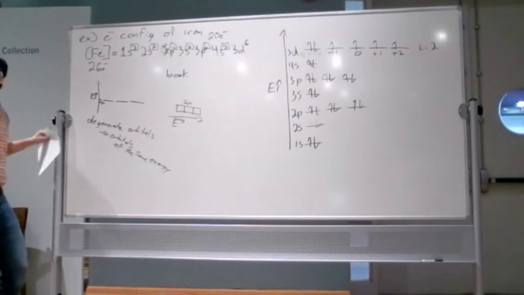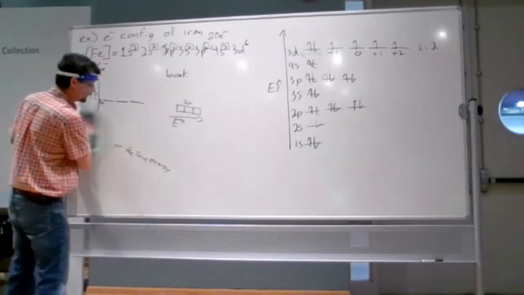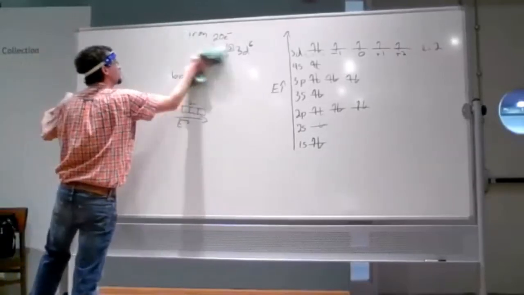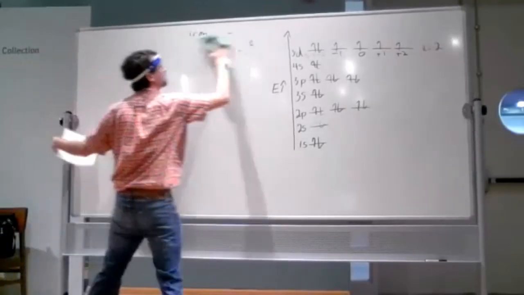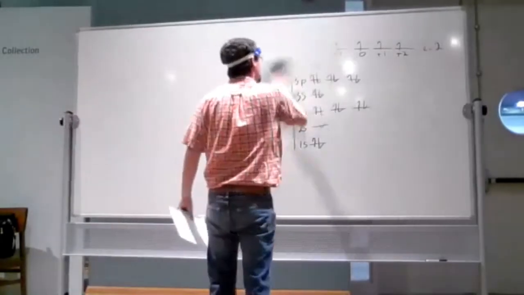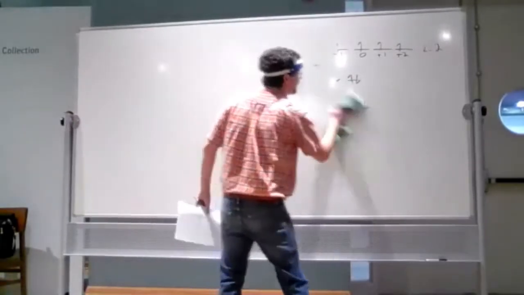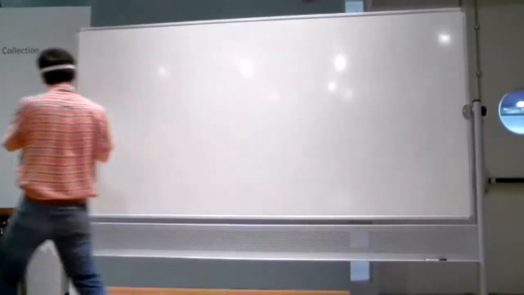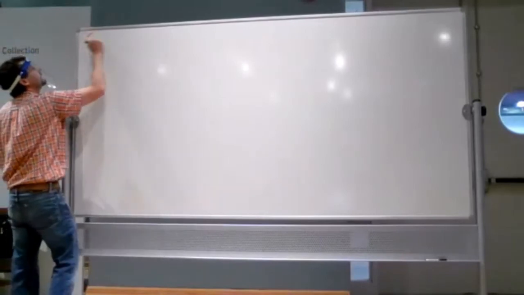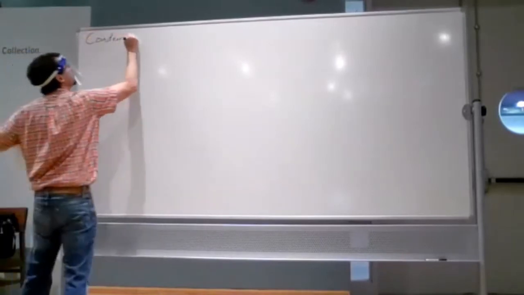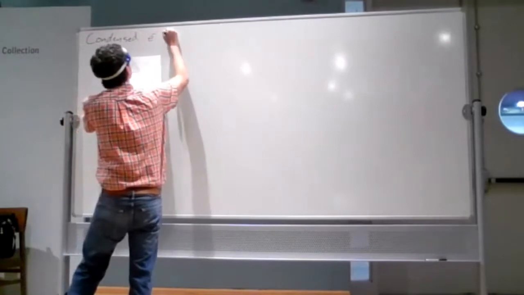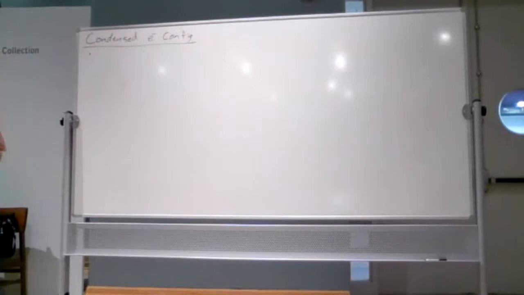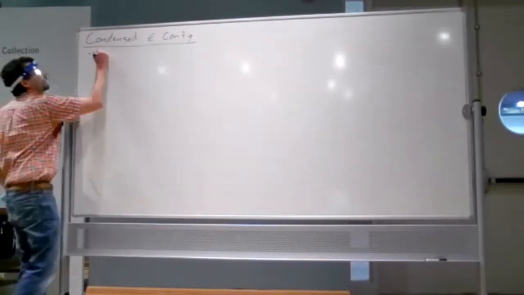Good questions. Okay, let's talk about condensed configurations. Condensed configurations save us time because there's some redundant information. We're going to discuss core and valence electrons. Okay, so condensed electron configurations. Basically, it's a shorthand way to write out the electron configuration.